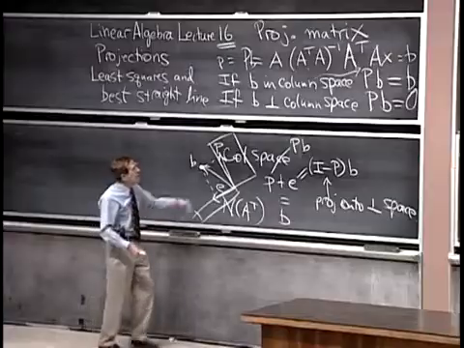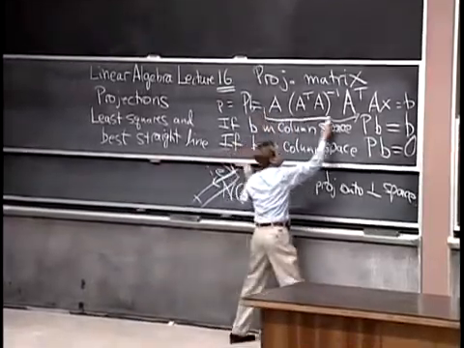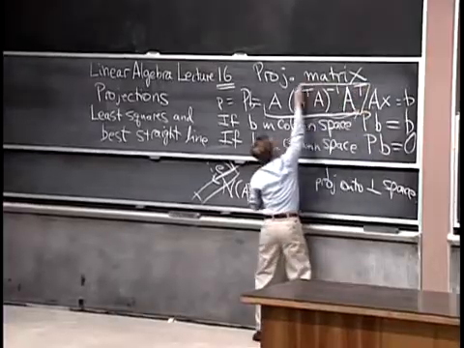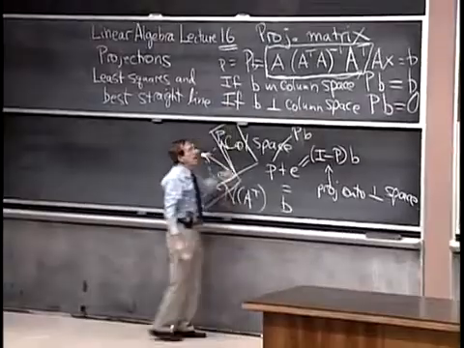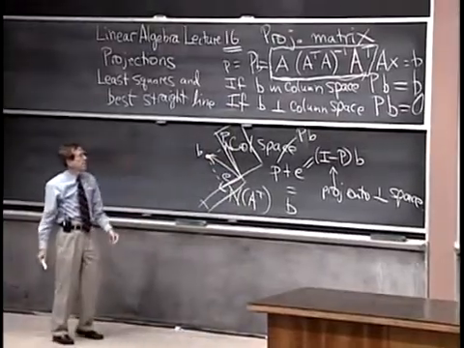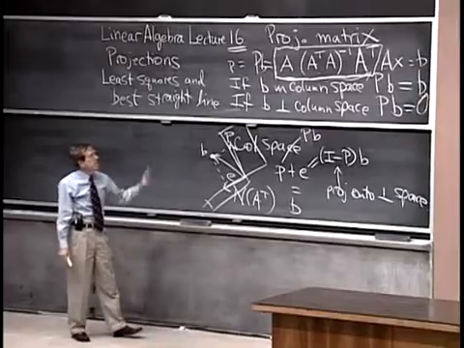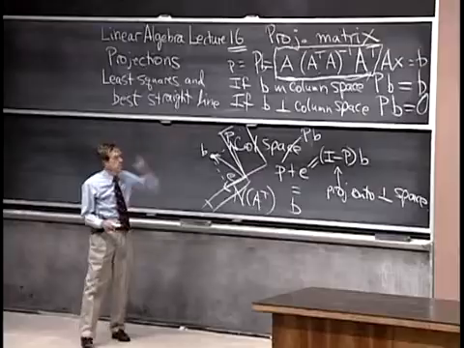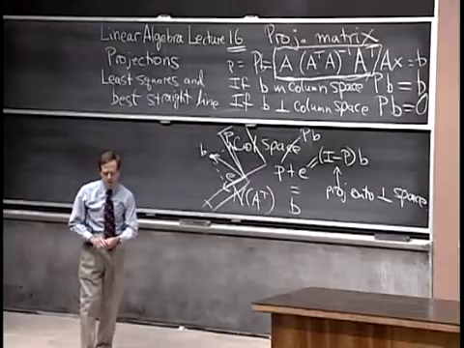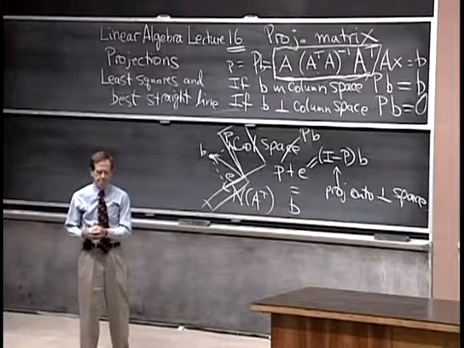But the algebra leads to this expression, that expression for P given a basis for the subspace, given the matrix A whose columns are a basis for our column space. Okay, that's a recap, because you need to see that formula more than once. And now can I pick up on using it?